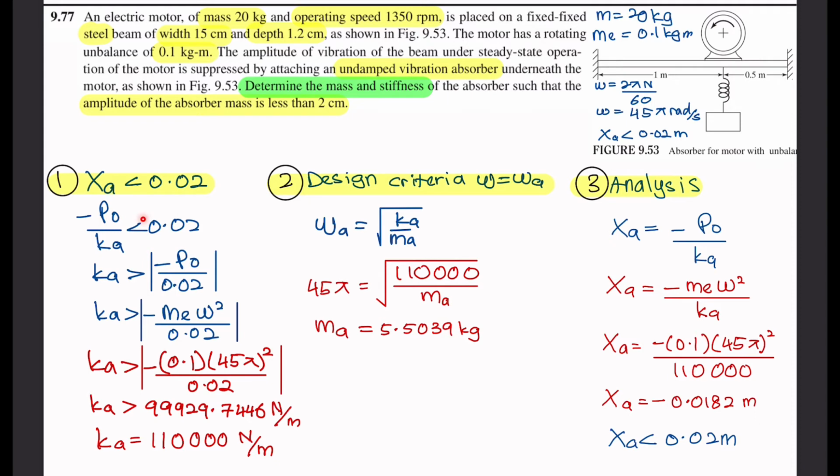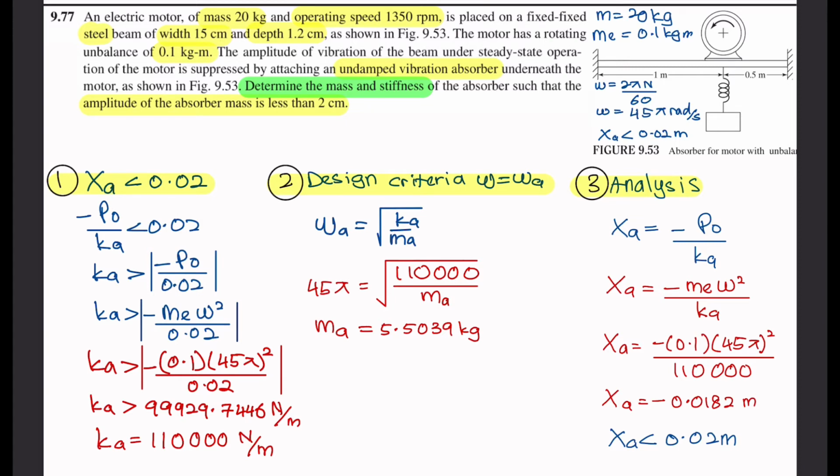Because you divide by a negative on the other side, this sign changes to more than. We know that stiffness cannot be negative, so I put a modulus sign here showing that it must be positive.